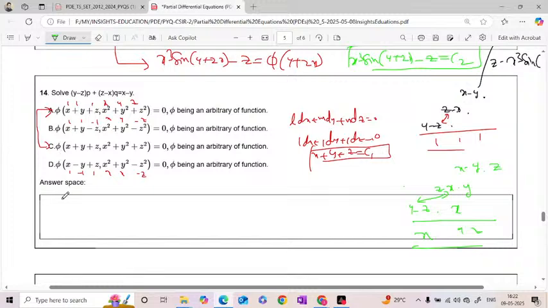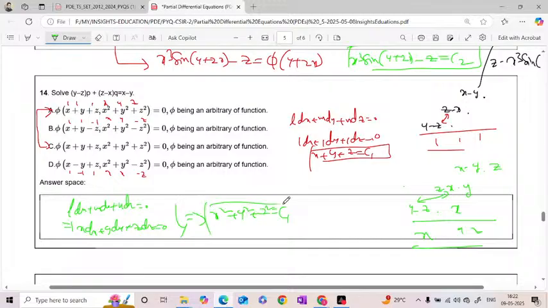So L dx plus M dy plus N dz is equal to 0. So x dx plus y dy plus z dz is equal to 0. After integrating, we will get x square by 2 plus y square by 2 plus z square by 2 is equal to constant. So two solutions are enough: x plus y plus z and x square plus y square plus z square. So both options A and C.